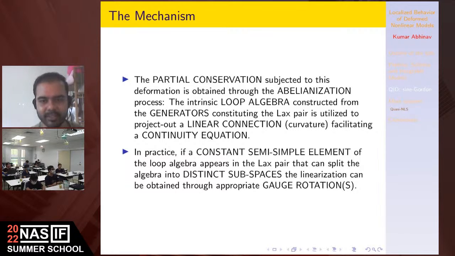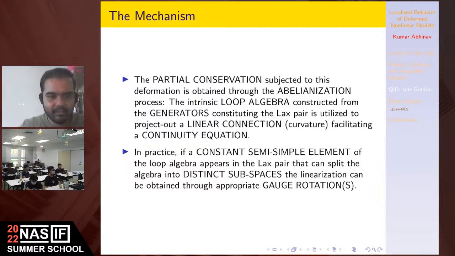From there, we can construct a loop algebra, and we'll use that loop algebra to create a linear connection or linear curvature or an abelian curvature, which will automatically give us a continuity equation. That we'll see. You remember the continuity equation has a space derivative and a time derivative linearly acting, right? So the Lax equation actually looks like that, apart from the commutator. So we have to get rid of the commutator, practically meaning.